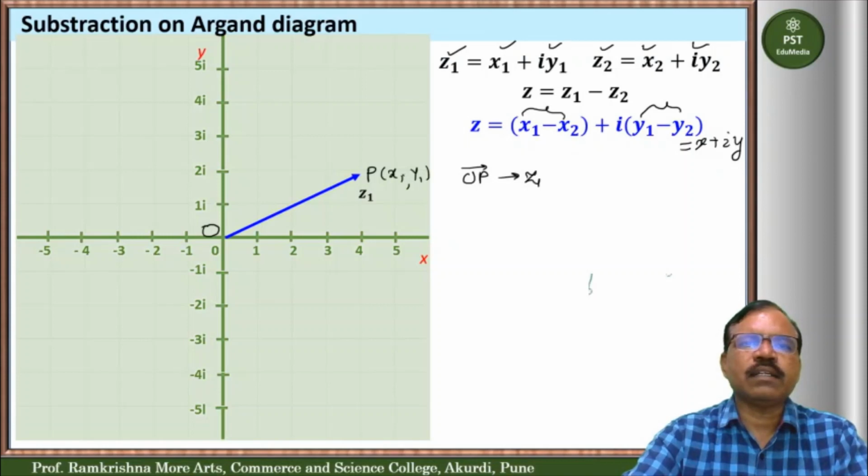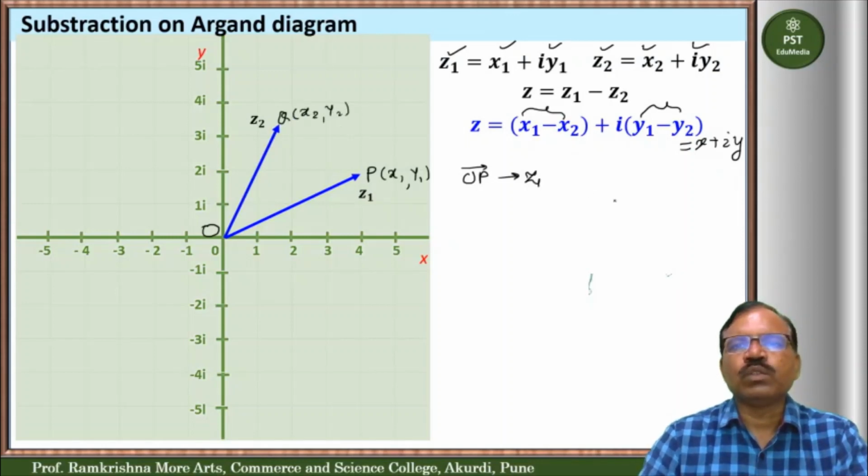Now let us take Z2. It is represented by vector OQ, where coordinates of Q are x2, y2. So OQ vector represents complex number Z2.